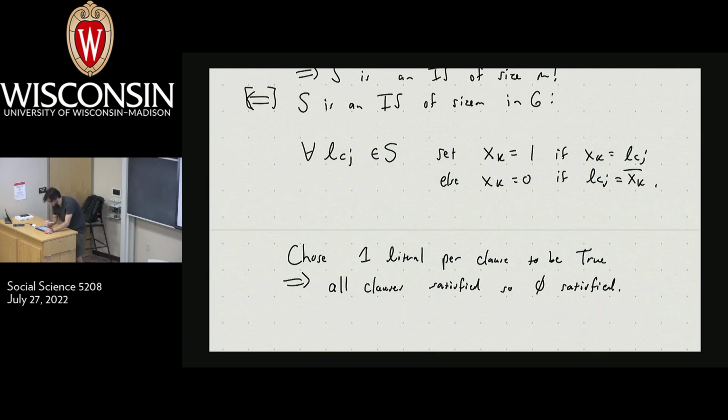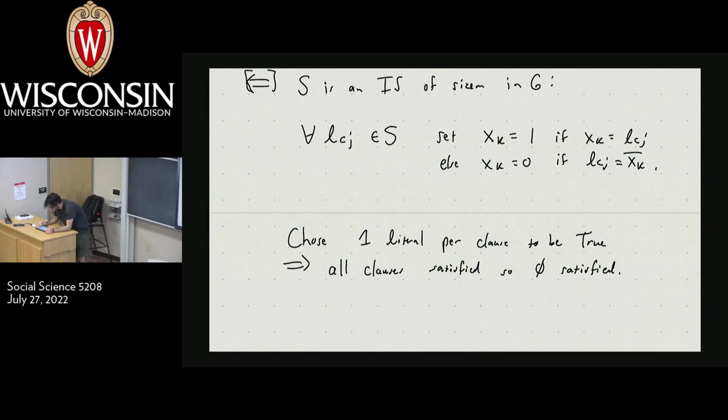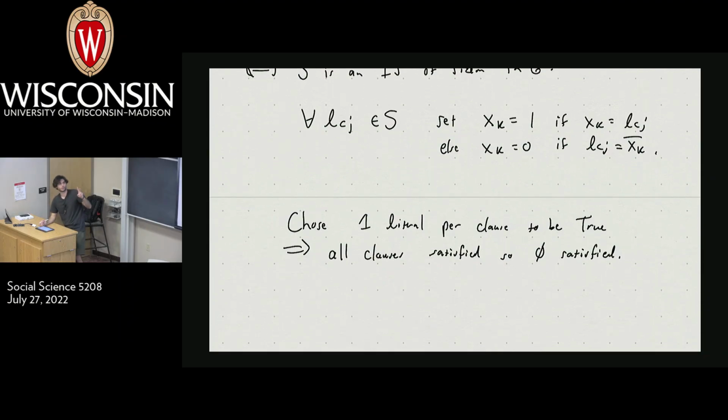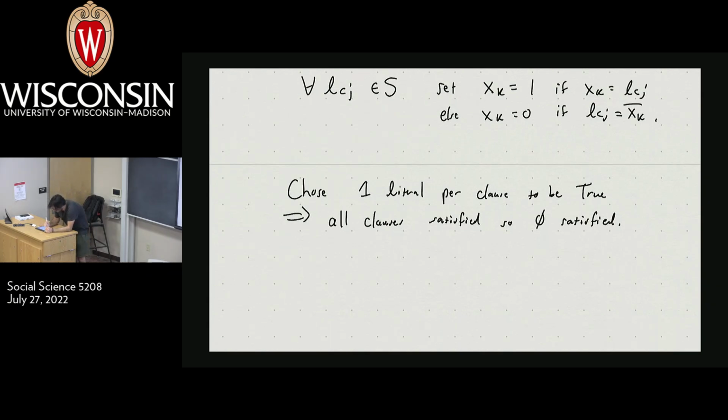Now, the only issue here is, even though we chose one literal per clause, that doesn't mean that two nodes weren't chosen in the same clause, and so that could be less than M. So this also follows from the fact that only one node per clause in S, else has the edge in the triangle.